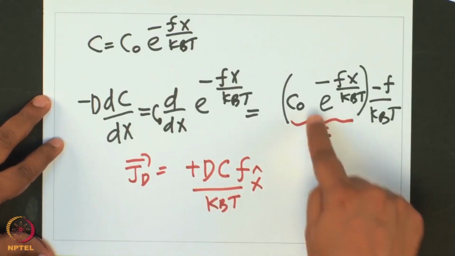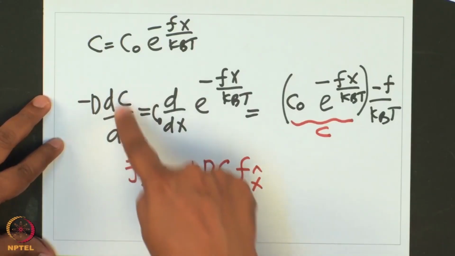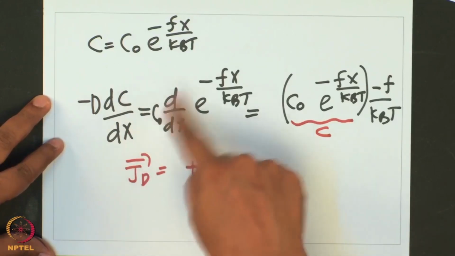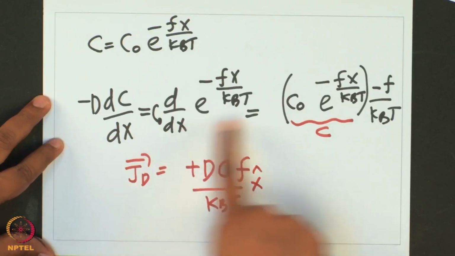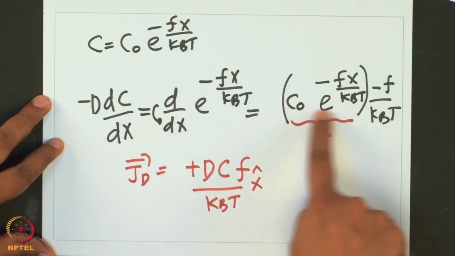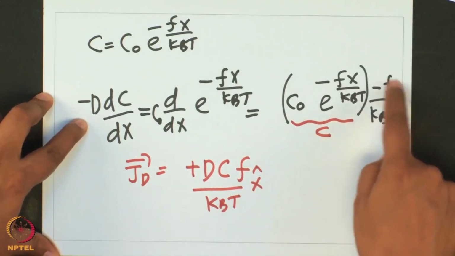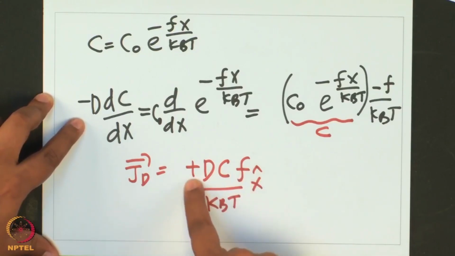So JD is equal to minus D del C by del x. Since I took an ordinary derivative here because it is only a function of x, I would get minus D dC by dx with a minus F by kBT, and this minus will cancel and become a plus sign here.